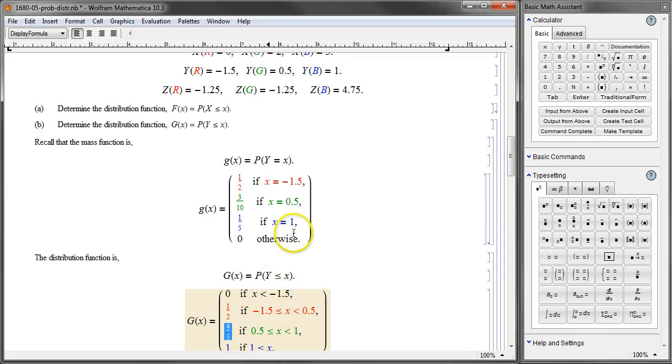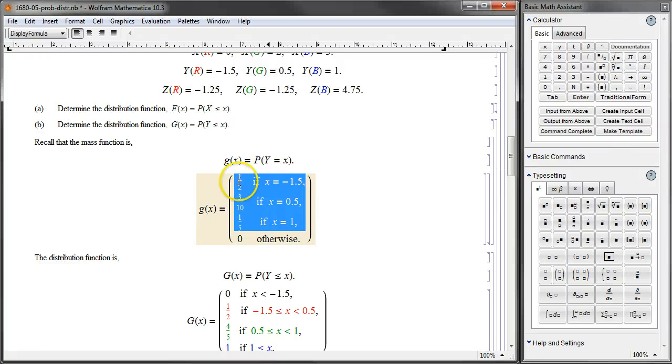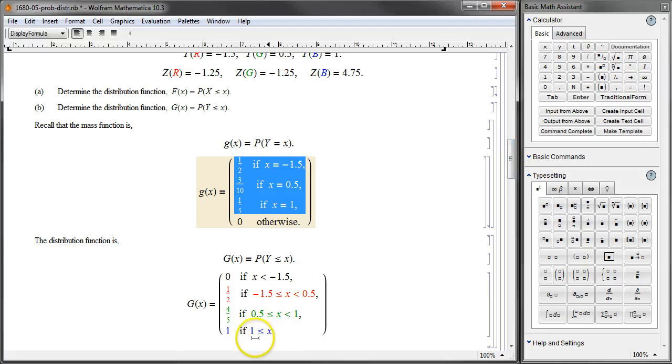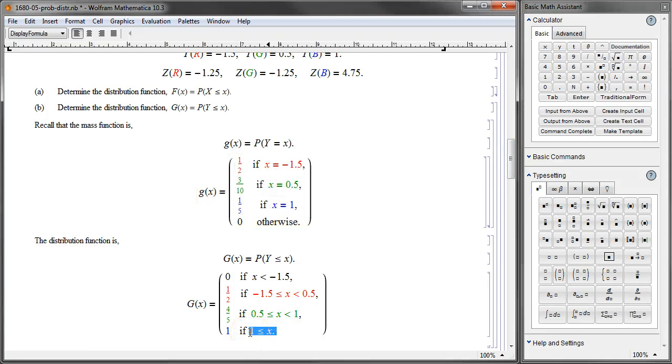And finally, at x equals 1, we have blue ball as well. Blue ball also kicks in. Consequently, when x is greater than or equal to 1, we have to add up all three probabilities, which is 1. That's the biggest possible.